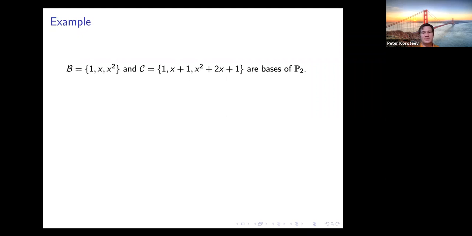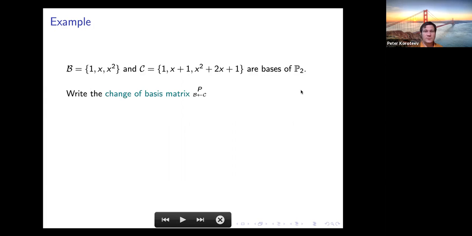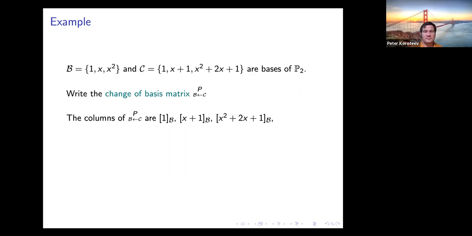Okay, so let's look at an example. It may look a little bit abstract if you see it for the first time. So consider two bases, which we have already looked at before. One, x, x squared, which is in a sense the analog of the canonical basis, and P2, and then this basis C, 1, x plus 1, x squared plus 2x plus 1, as two bases in the space P2. So what's the matrix for the change of basis here?